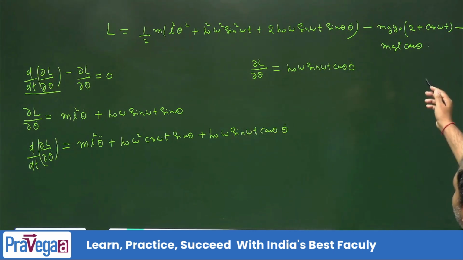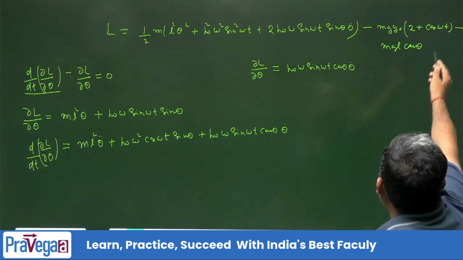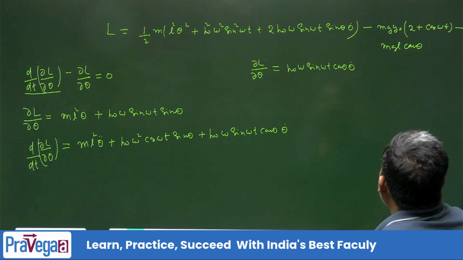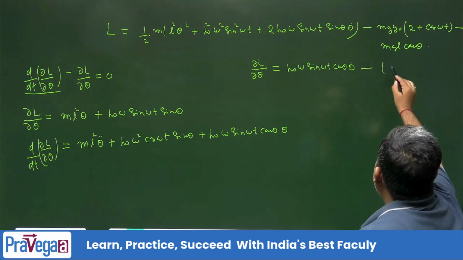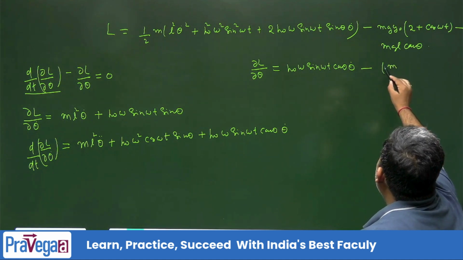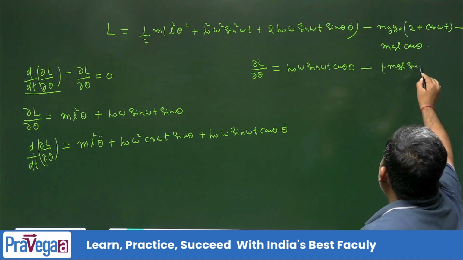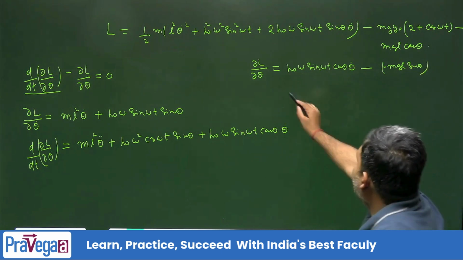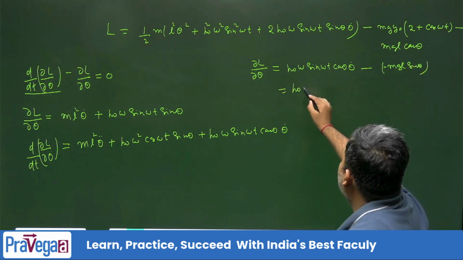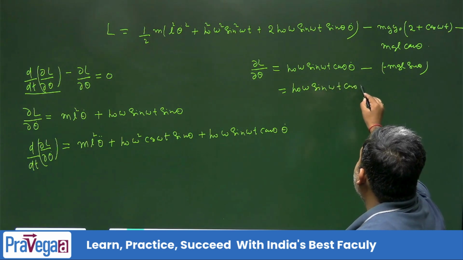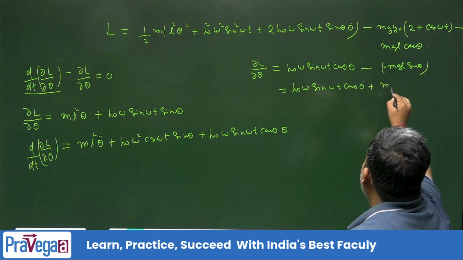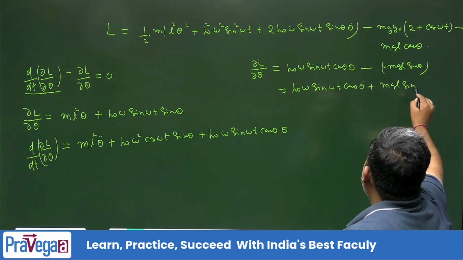The second term will be gone, so there is no problem. So, we have minus mgl sin θ. So, what we have is h₀ω sin ωt cos θ θ̇ plus mgl sin θ.